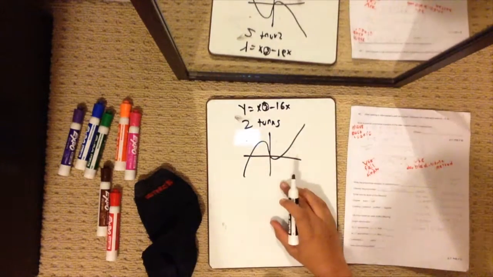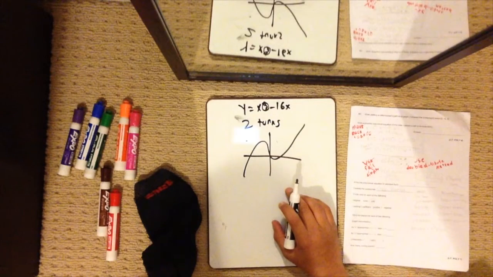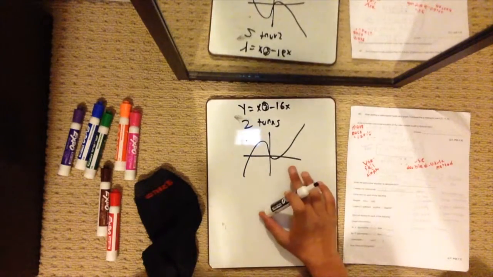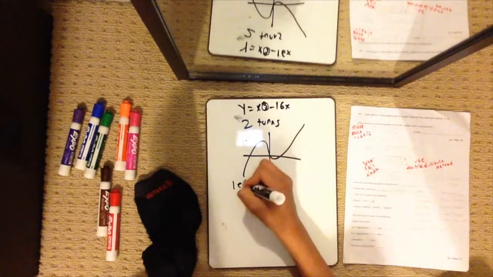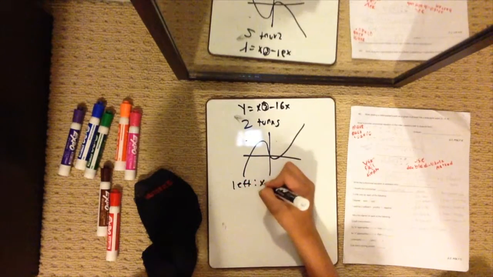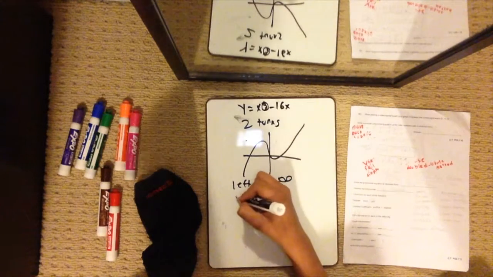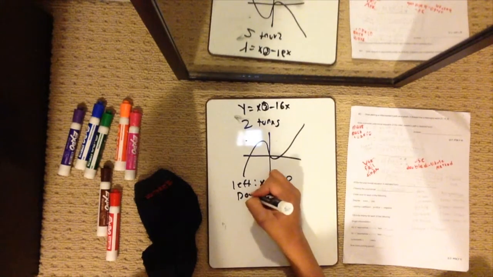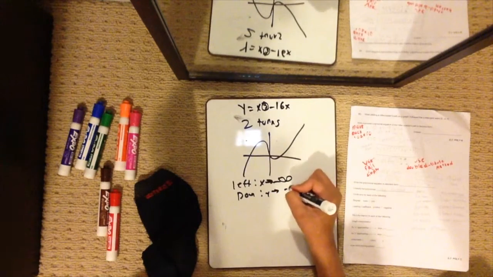Now, to find the graph's end behavior, we use the graph here. As you can see, on the left, x goes to minus infinity, and down, y goes to minus infinity as well.